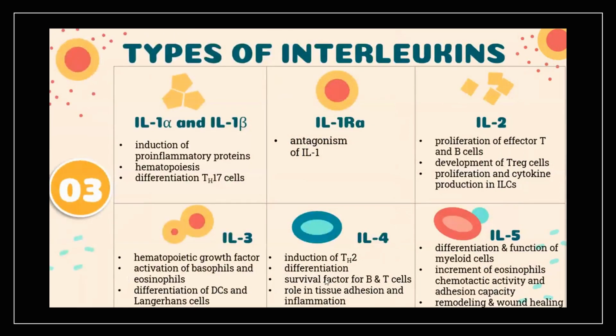For each type of interleukins, I will be mentioning the cell sources or the origin and the cell targets, along with the major functions that are shown in the PowerPoint.